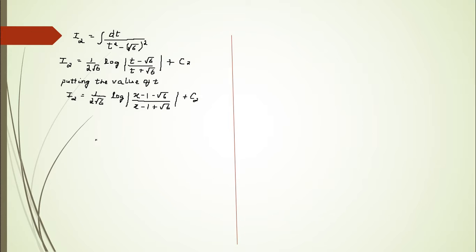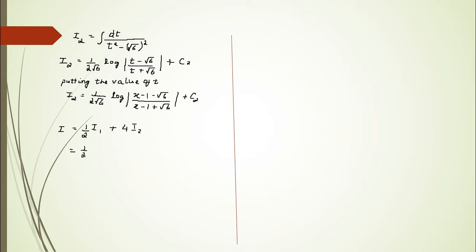Now we know that I is equal to 1 by 2 I1 plus 4 I2. So I've already found out I1 and I2, so I can put I1 I2 here.